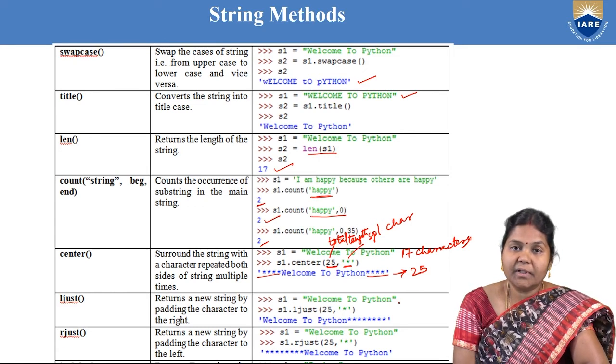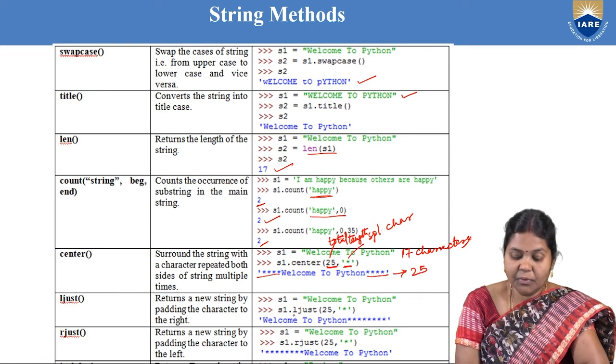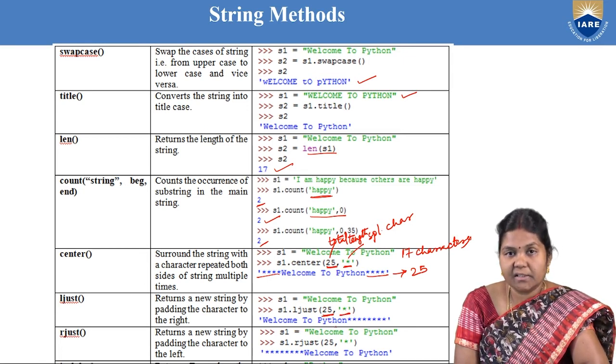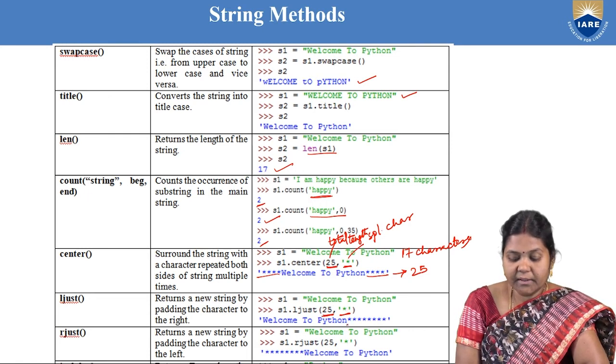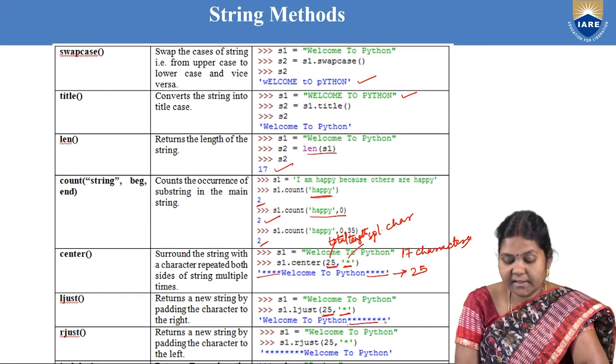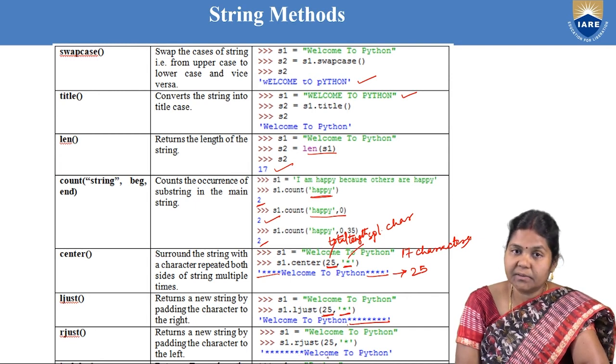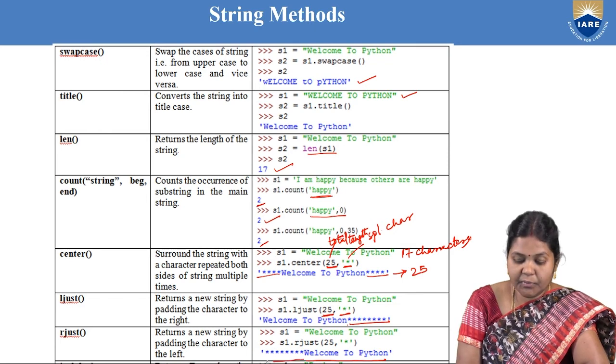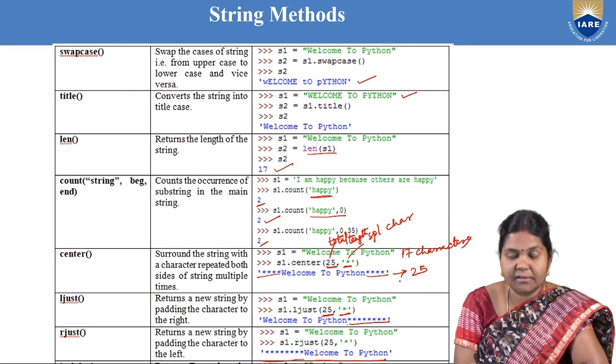If S1 is the string "welcome to Python" and you want left justification, you change the entire string length to 25 by padding with the star symbol; any special symbol you can take. You can see "welcome to Python" comes first, and then the characters are padded on the right side. Similarly, with right justification, the string is printed on the right side and the spaces before it are filled with stars.